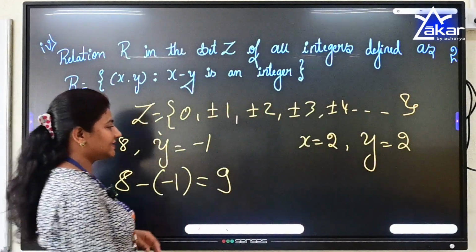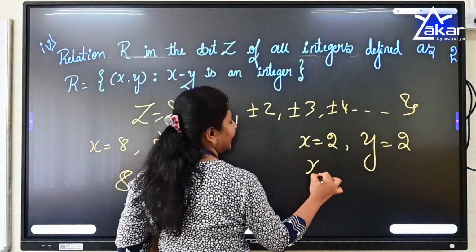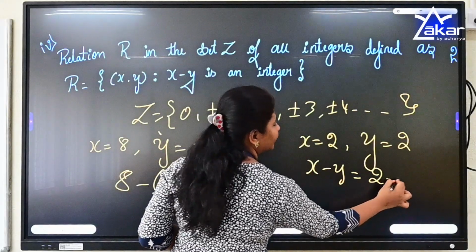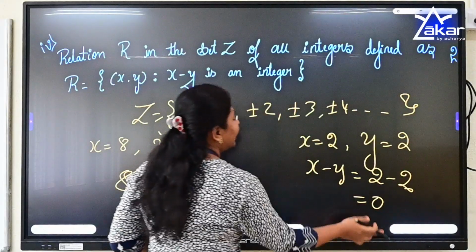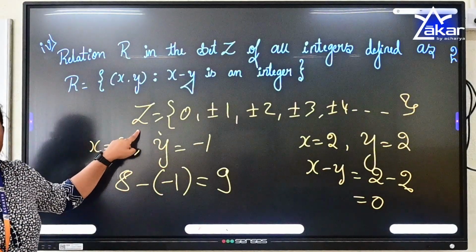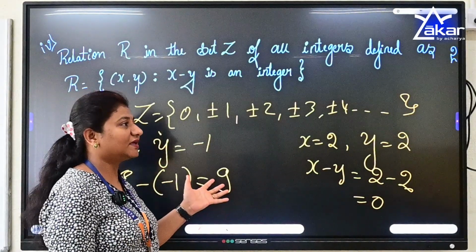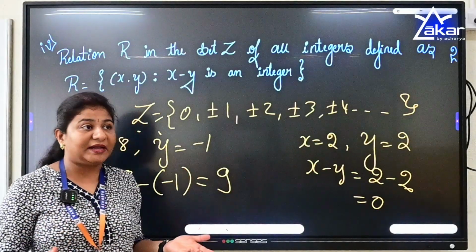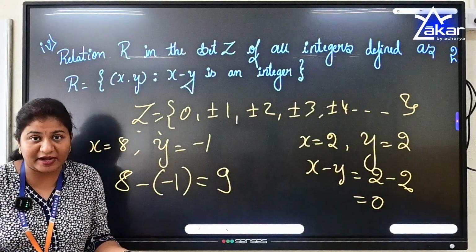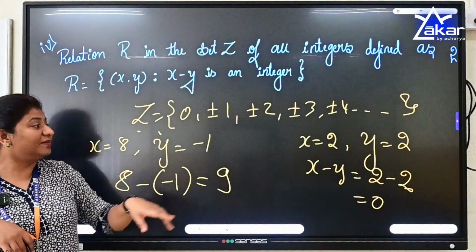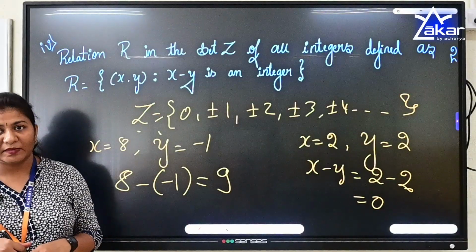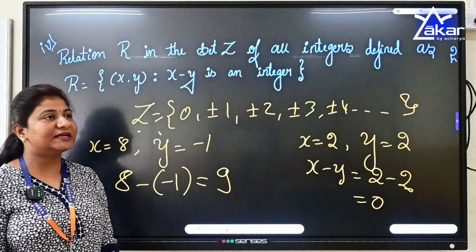What is the condition? x minus y equals 2 minus 2 equals 0. Does 0 belong to Z? Yes, it belongs. So what I'm trying to say is, for every element, whether it is a subtraction, it gives an integer value.